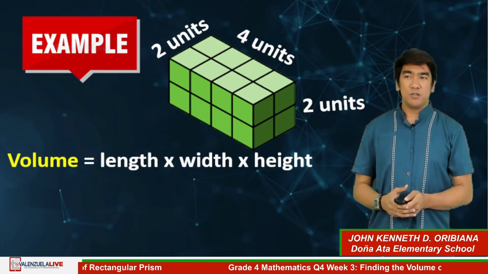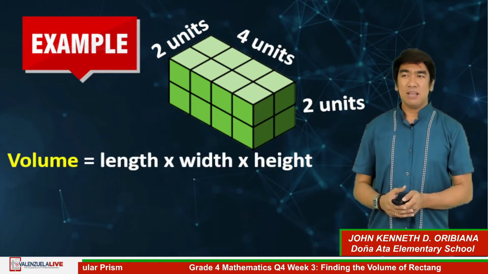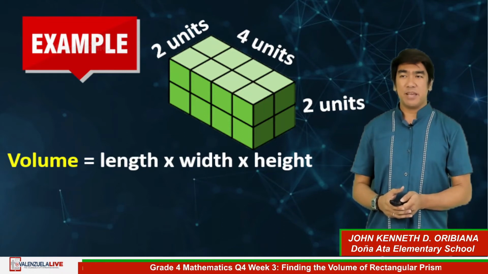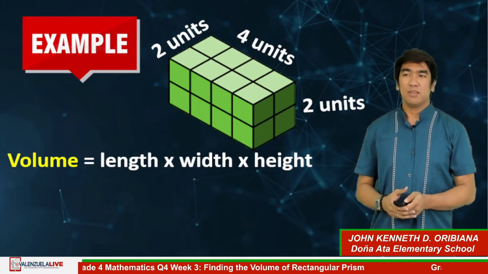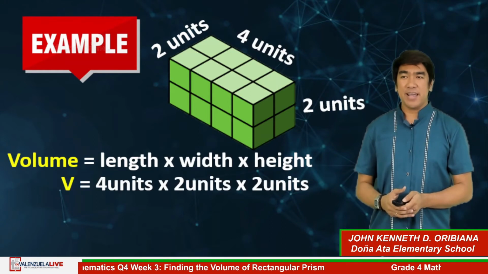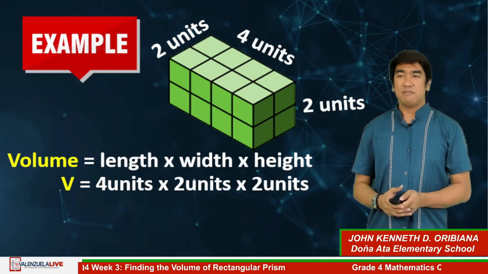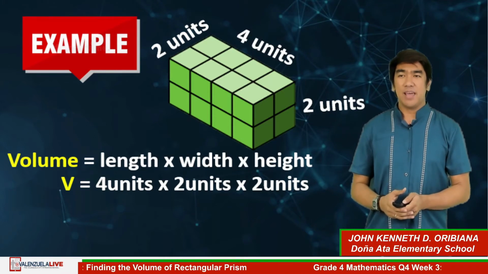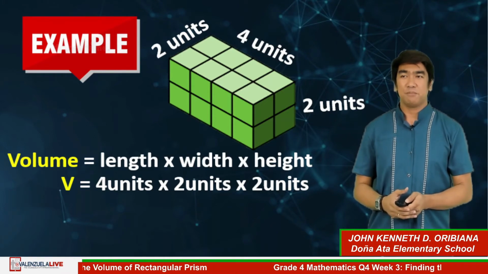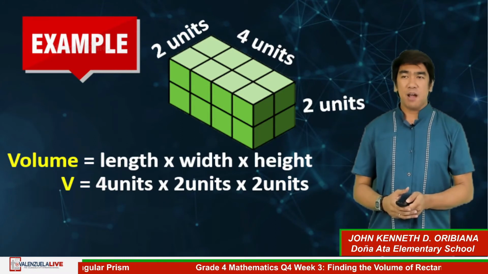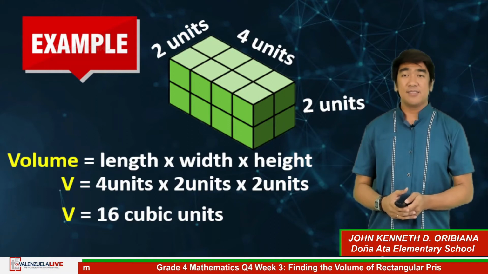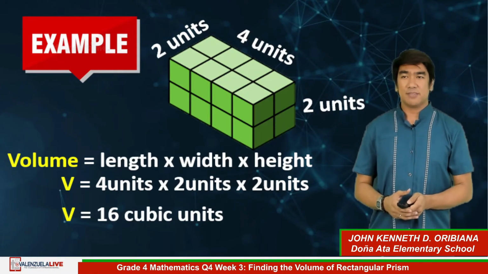To get the volume, I have here the formula. Volume of a rectangular prism is equal to length times width times height. Therefore, we have 4 units for its length times 2 units for its width and 2 units for its height. If we multiply 4 times 2 times 2, the volume of the rectangular prism is 16 cubic units.